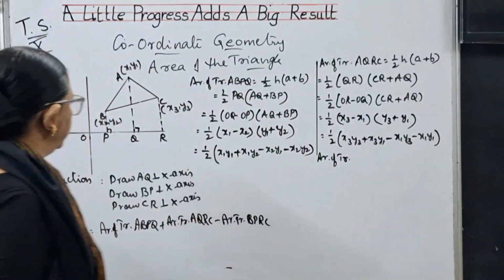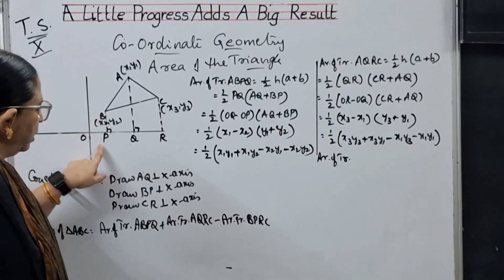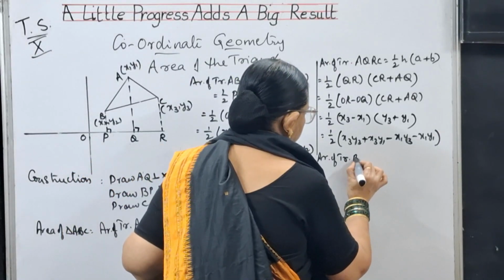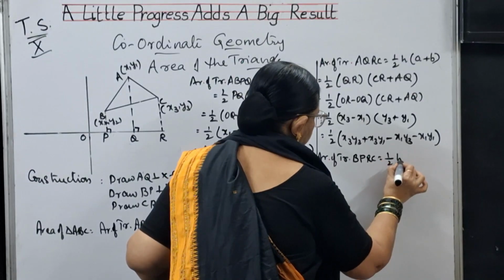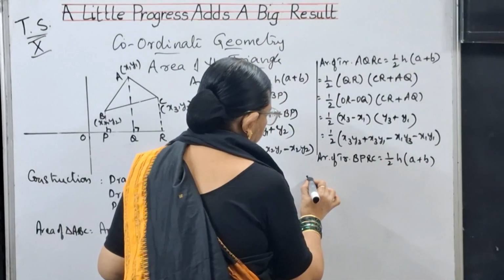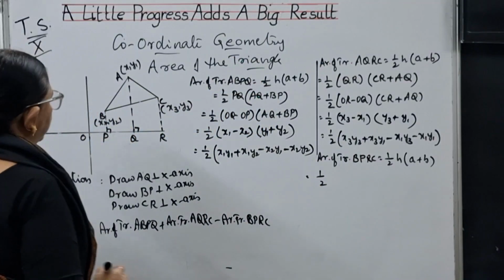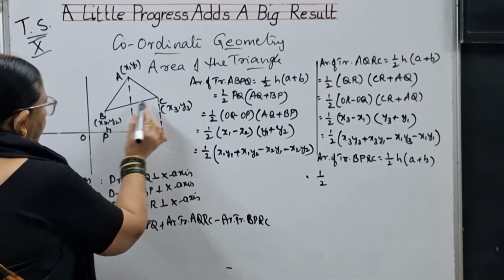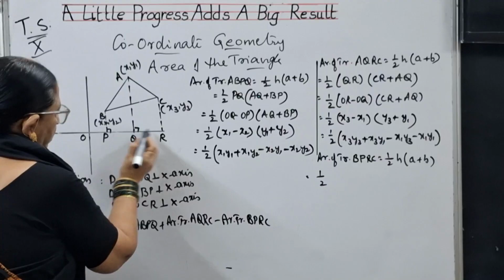Now let us find out the area of the other trapezium. We have got the third one, BPRC. Area of trapezium BPRC is equal to half h into a plus b. So this is the trapezium. h becomes this one, PR.